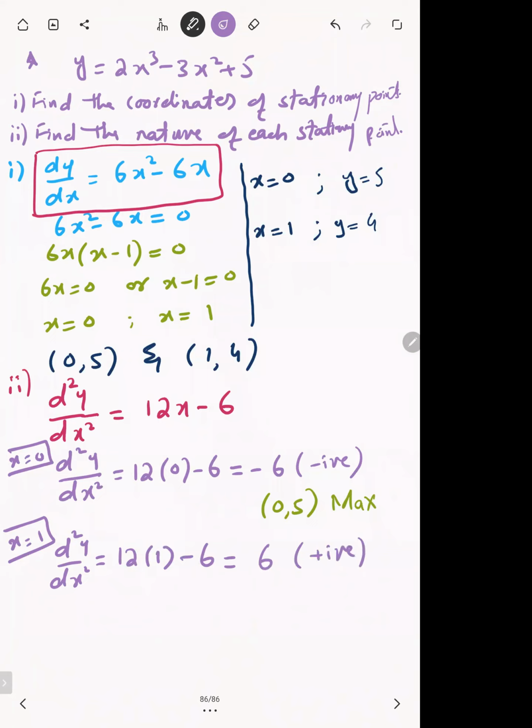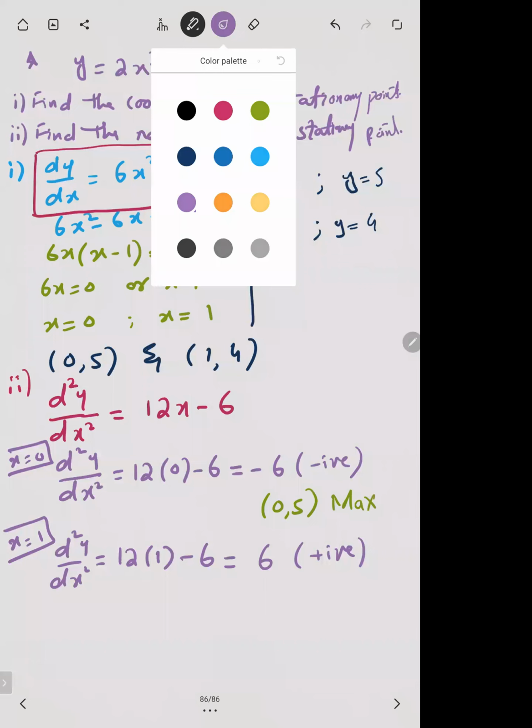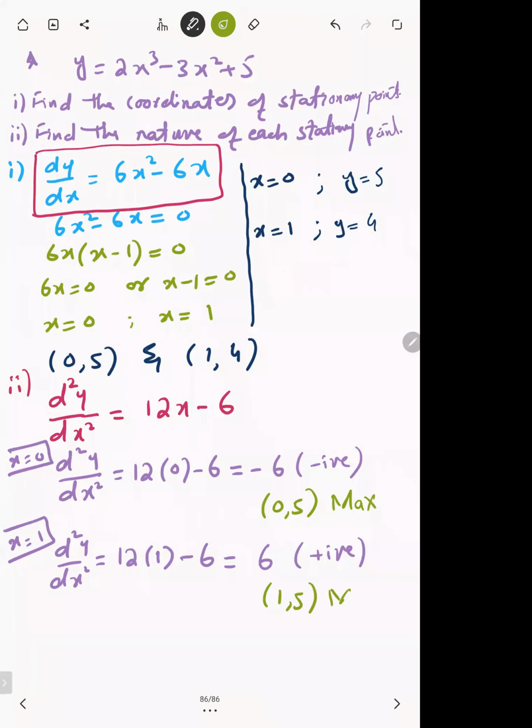Value positive means (1, 4) is a minimum. So here is the nature: (0, 5) is the maximum point and (1, 4) is the minimum point. I hope this is clear.